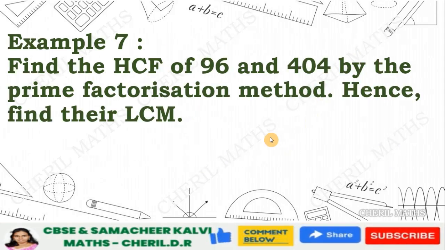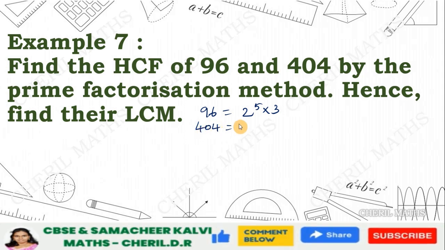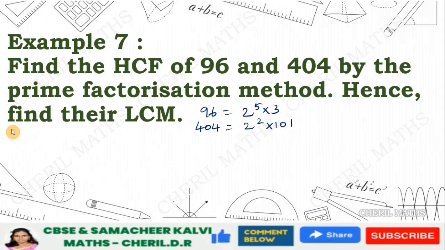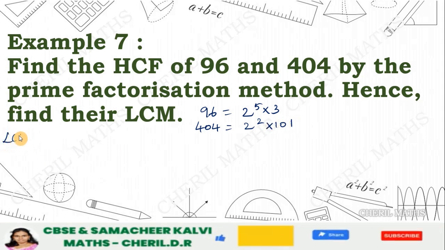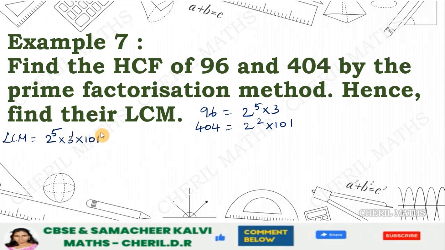Now, if we find it by the traditional method, for 96 you had 2 to the power of 5 into 3, and for 404 you had 2 to the power 2 into 101. For LCM by the other method, we take the greatest power of each factor: 2 power 5, 3 power 1, and 101 power 1.